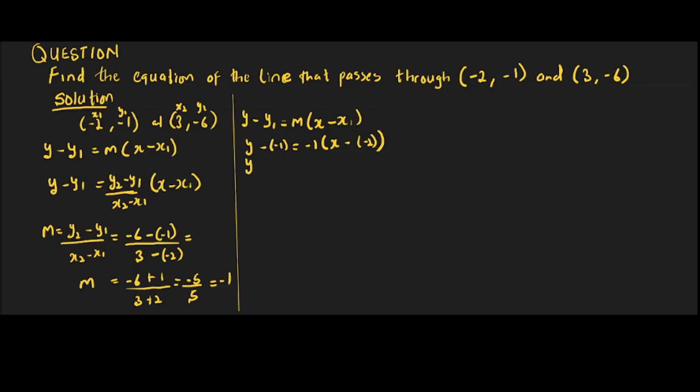Then we have y, minus times minus gives a plus, so y plus 1 equals minus 1 bracket x, minus times minus there, plus 2. This is y plus 1 equals minus x minus 2.